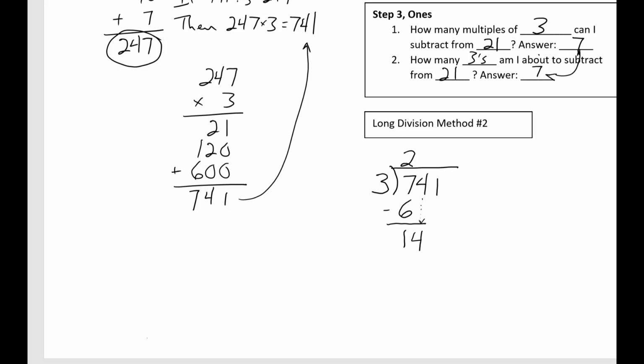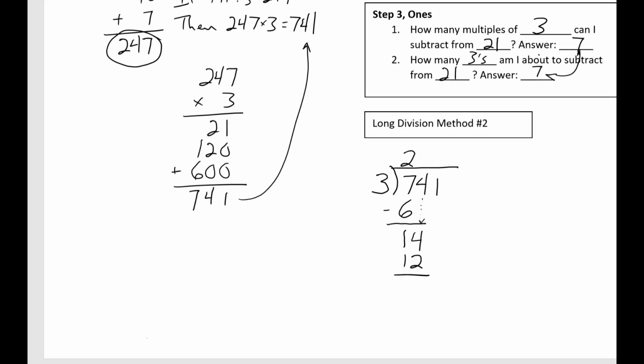Okay, so now I'm ready for step 2, and I ask myself the same question I asked before, which is, how many times now will 3 go into, this time, 14? And the answer is 3 will go into 14, or it will divide into 14 4 times, because 4 times 3 is 12.